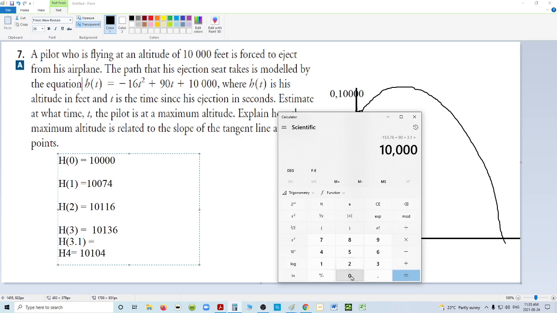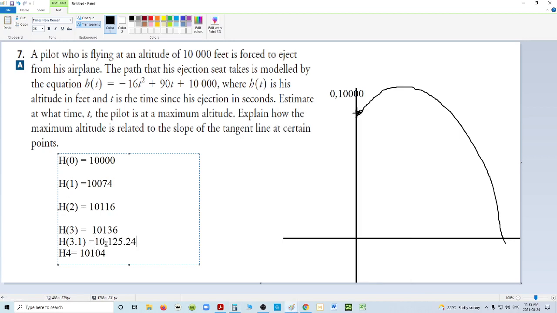Suddenly I discover that my height has gone down at 3.1. So that means that 3 could be my max, or just very, very close to 3, or maybe on the other side, I should make sure of my height at 2.9.